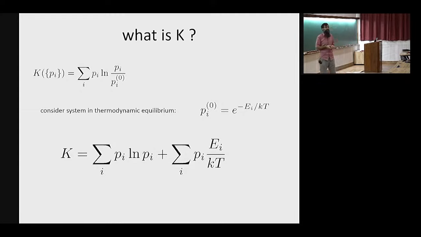Do you recognize this? A Shannon entropy, yeah, there is a Shannon entropy there, but there is not only a Shannon entropy. What is this term here? And the average energy, yes. So you have an average energy minus a Shannon entropy.